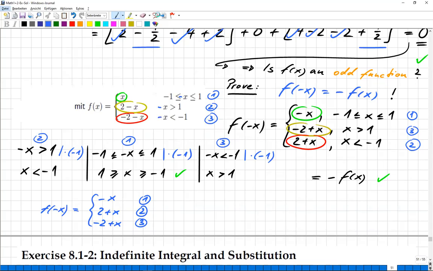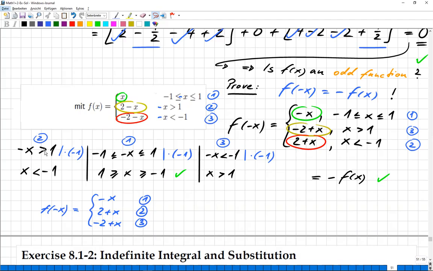And that's why, in the end, this interval definition, x greater than 1, transforms to negative x greater than 1. And if negative x is greater than 1, it means that x is lower than negative 1. This is an inequality which may be multiplied by negative 1 on both sides, but then, you know the rules about inequalities, you have to change the comparison sign also.